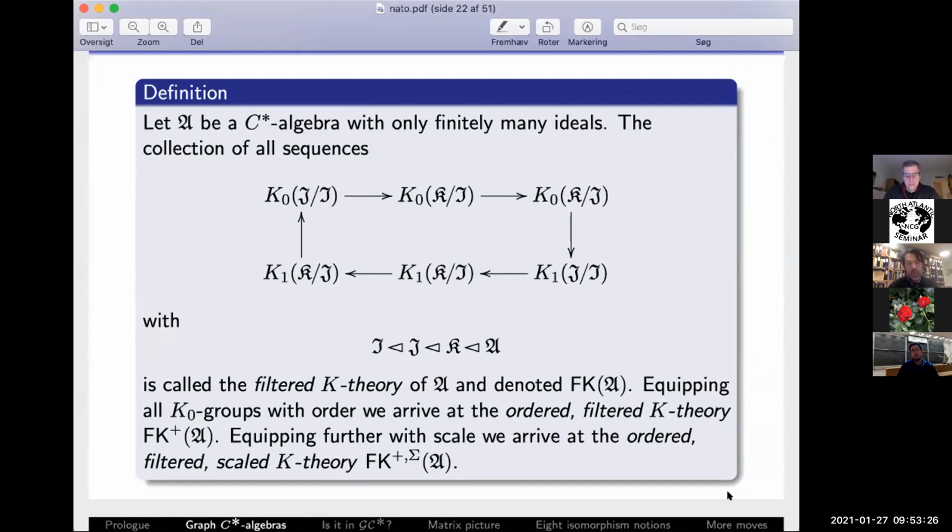The most general way of doing this is to take all the elements inside the K0 group that can be represented by projections in the C-star algebra itself, not in matrices over the C-star algebra, as you would do in the construction of K0. Scale is usually a little bit complicated to compute, but it makes sense, and it would have to be preserved by an on-the-nose isomorphism. So we just throw that in if you like.